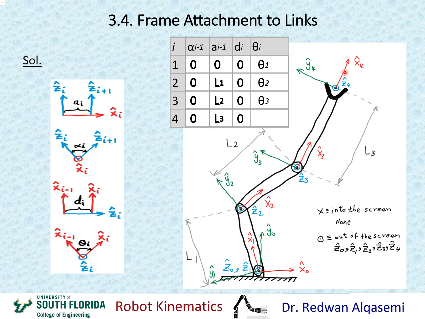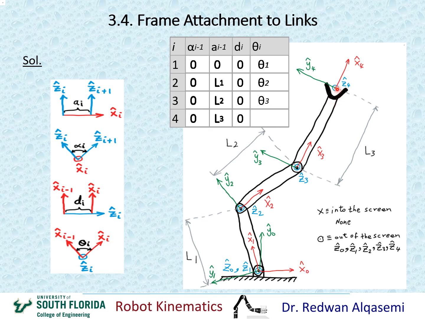Okay. Now, if I put x4, since this is the end effector here, it doesn't have a joint, so I can put x4 in any direction. If I put x4, for example, in the direction right here where you see y, that would give me an angle here of 90 degrees, which I don't like because that means I'm going to have to do more calculations down the road when I do the forward kinematics.